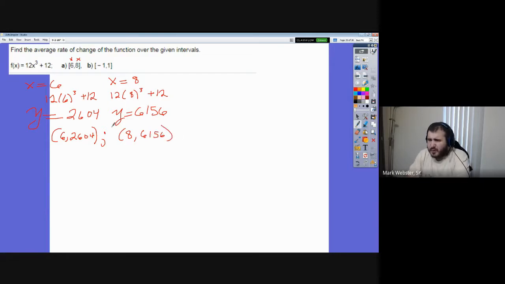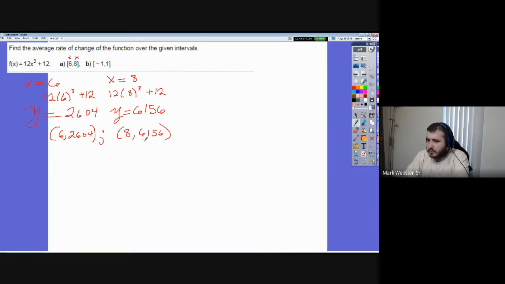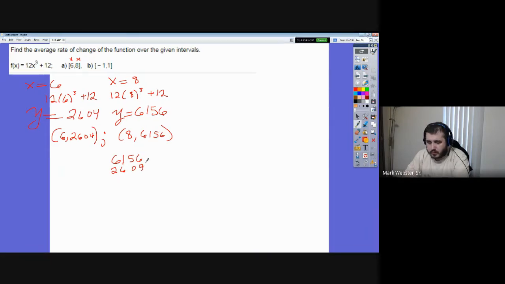So here's our 2 points. We're just going to find the slope between them. Rise over run, yeah? So we're going to do y2 minus y1. Just going to do it right here on the paper. Subtract.